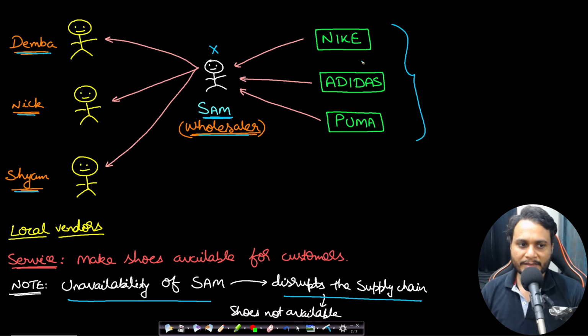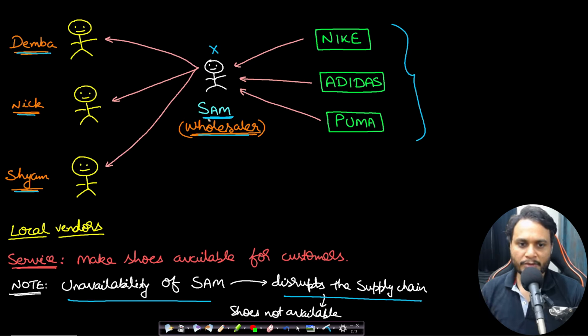So in this entire supply chain, if a few of the local vendors are unavailable, still shoes will be available in the local market. If a few of the companies are shut down, then still the other companies can supply their shoes in the local market. But if Sam is unavailable, then the shoes will not be available to the end users.